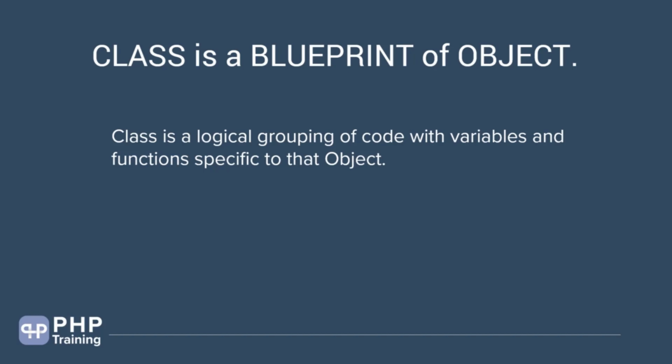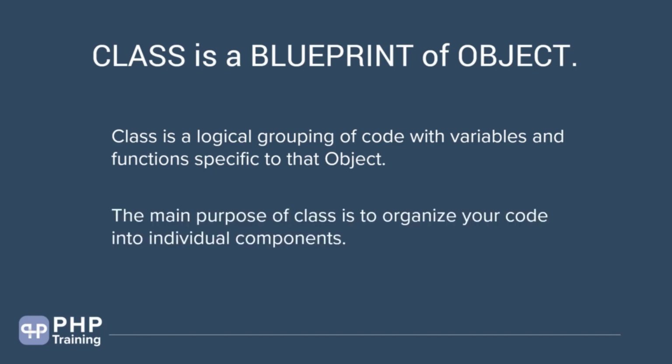We're still calling it variables and functions. We have a separate lecture on it where we're going to understand why variables are called properties and why functions are called methods and how to properly use them. But as of now, we will continue to use variables and functions till we reach that lecture. Okay, so for the definition of a class, class is a blueprint of an object, which is a logical grouping of your code with variables and functions specific to that object.